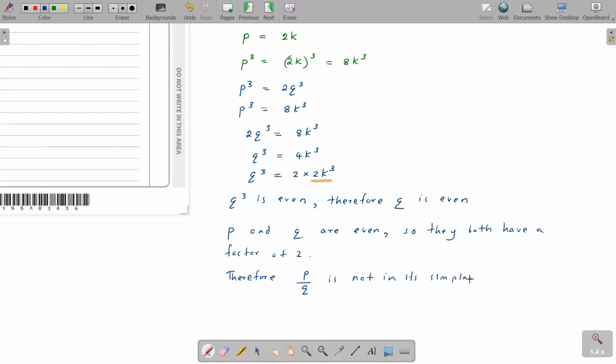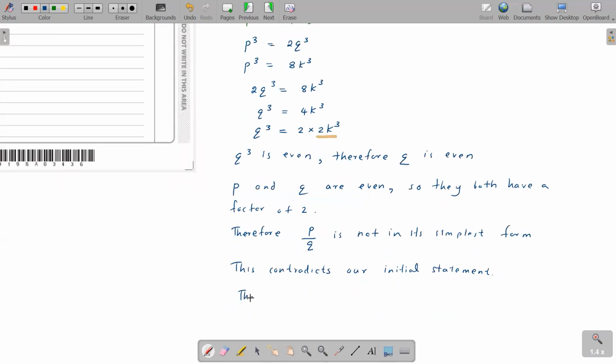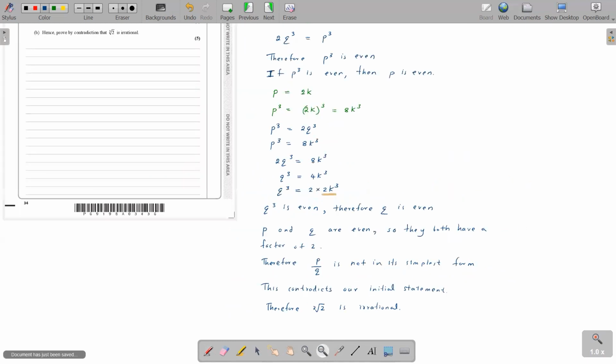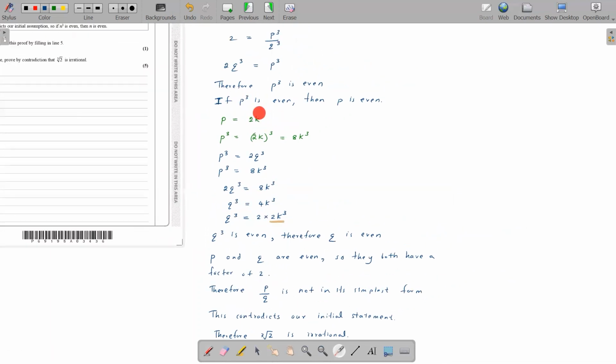Do you agree with me? This contradicts our initial assumption. Therefore, cube root 2 is irrational.